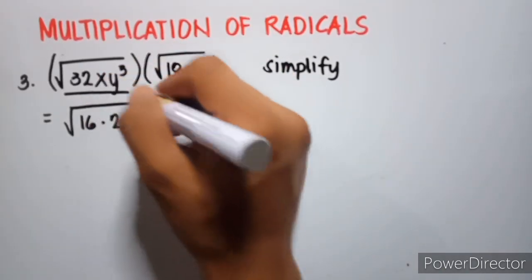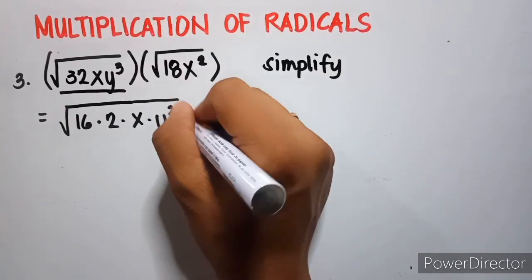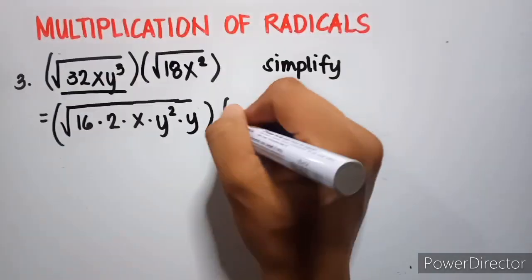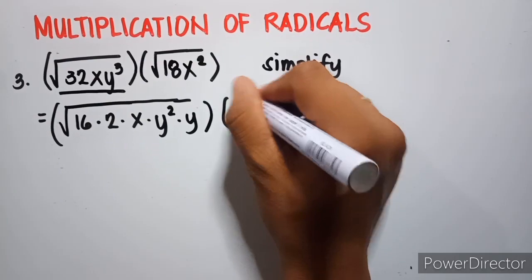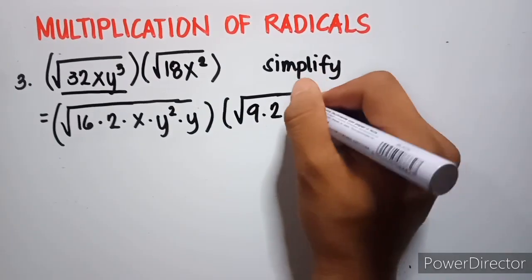Then we have y cubed, so y squared, since our index is 2, times y. Okay? Then times 18 has a factor of 9 times 2, then times x squared.